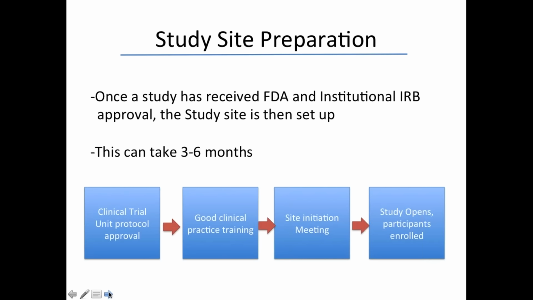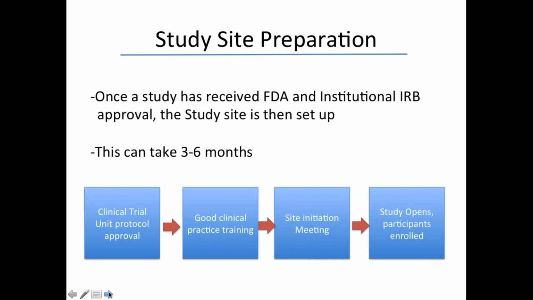And once that clinical trial unit protocol is approved, all of the members of a clinical trial team are expected to undergo good clinical practice training. That means it can be either in person or online training to understand exactly the most appropriate way to manage clinical trials, to manage data, to manage reporting, to manage everything that we do as part of a clinical trial. Once that has all been done, what happens next is a site initiation meeting.